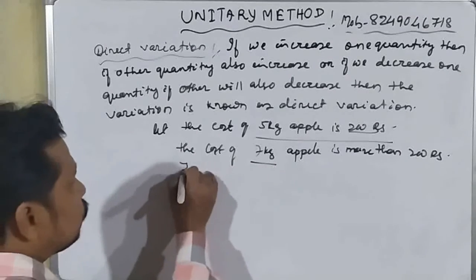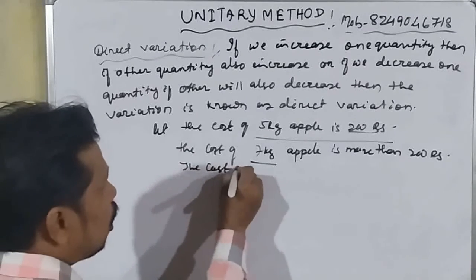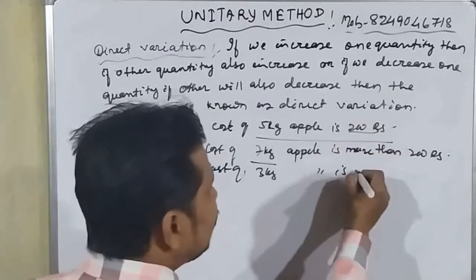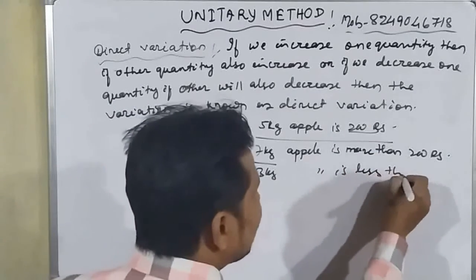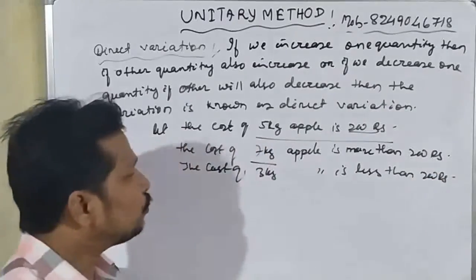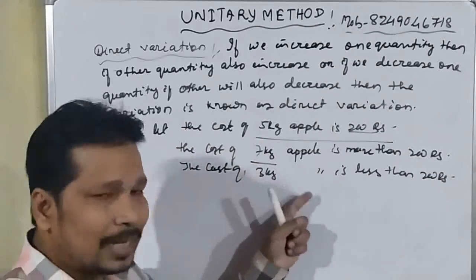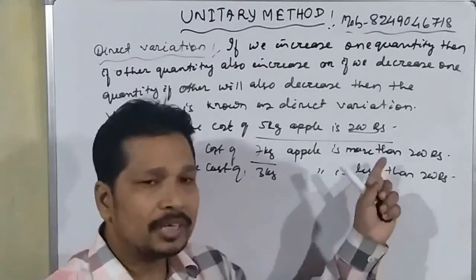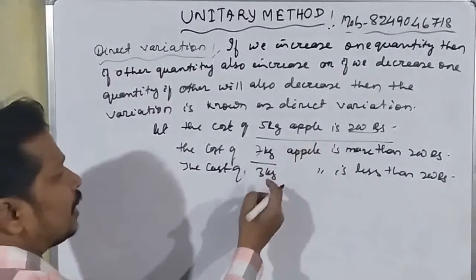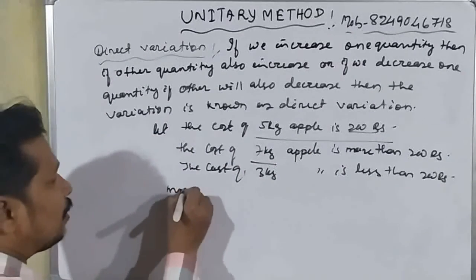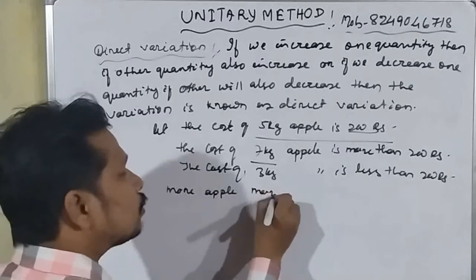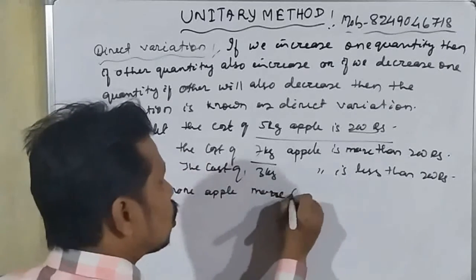Similarly, the cost of 3 kg apple is definitely less than 200 rupees. That means if we buy less apple, then we have to pay less rupees. Okay student, so here the conclusion we can write is: more apple, more cost.